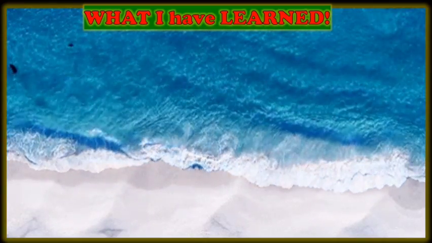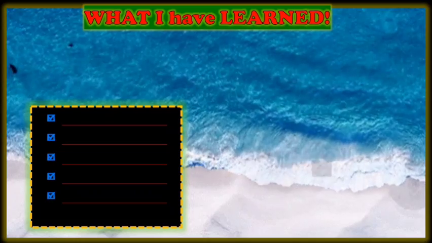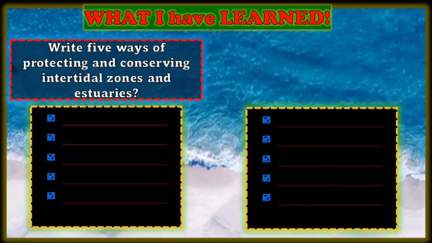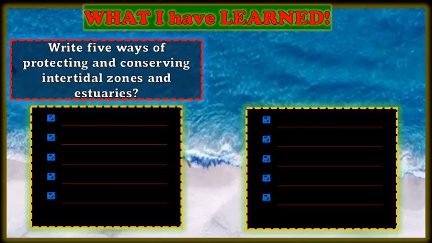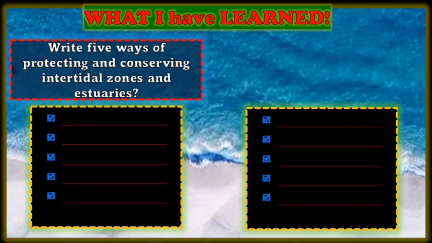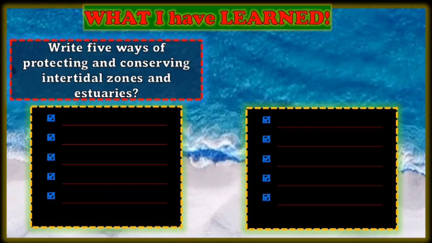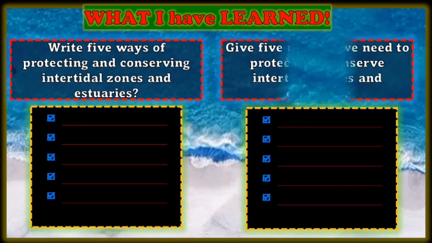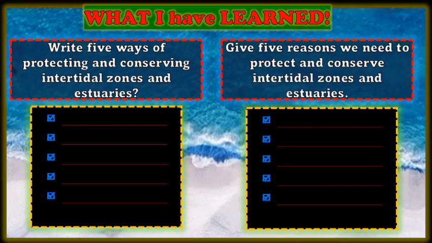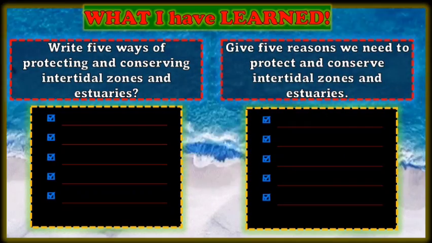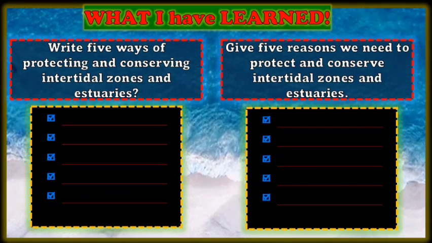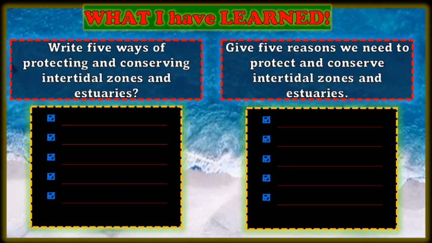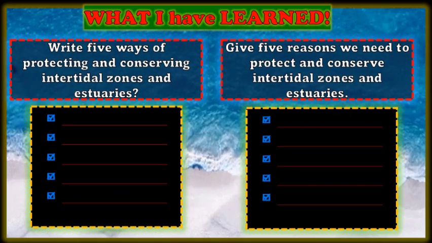So all you have to do now is to write 5 ways of protecting and conserving intertidal zones and estuaries. So 5 ways on how you protect. And then the next one is that give 5 reasons we need to protect and conserve intertidal zones and estuaries. So magkaiba yan. Yung isa, ano yung ways on how to protect. Yung isa, rason why we need to protect.